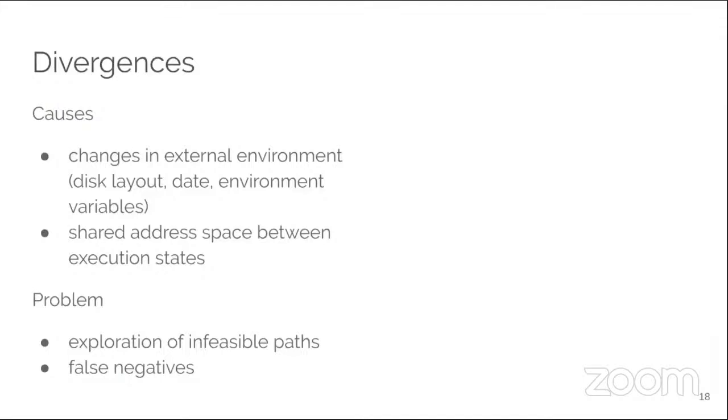But what exactly are divergences? Divergences occur when a re-executed path takes a different branch and hence executes a different sequence of instructions as its recorded counterpart. Let's again assume we have a recorded execution tree on disk and want to explore the unfinished path with the arrow.